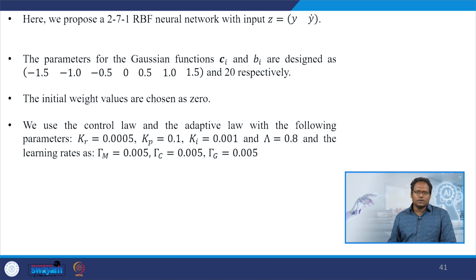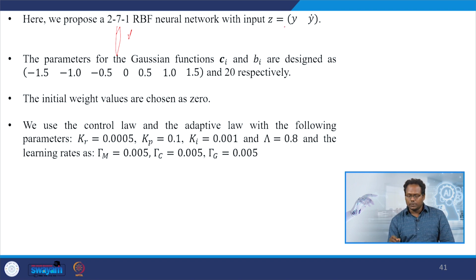Here we propose an RBFN network with 2 inputs, y and y dot, and there are 7 hidden neurons and 1 output.